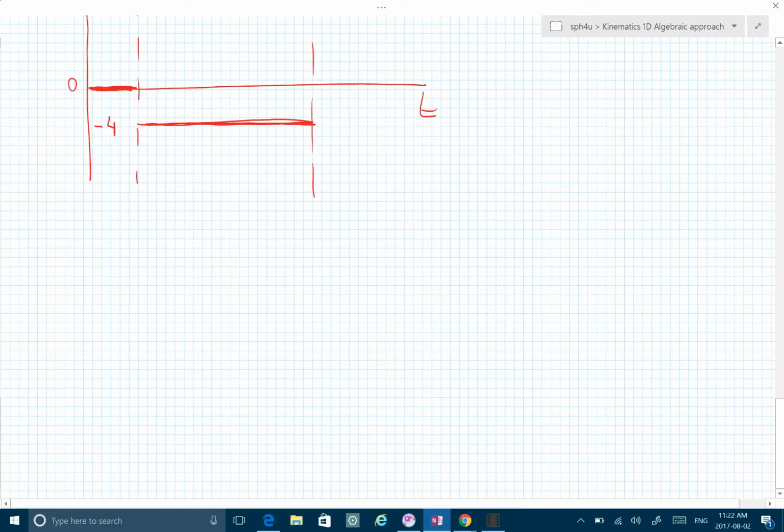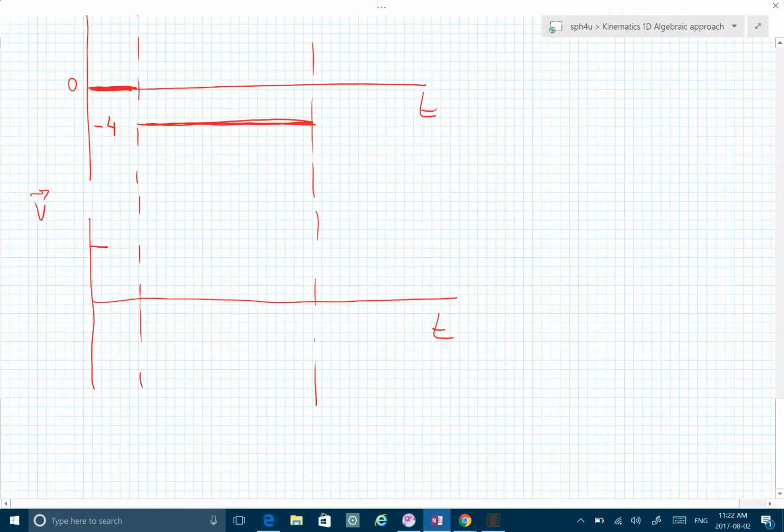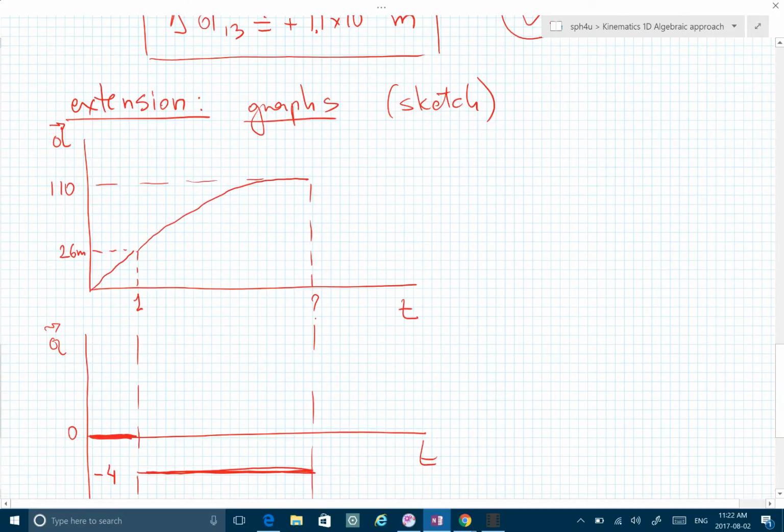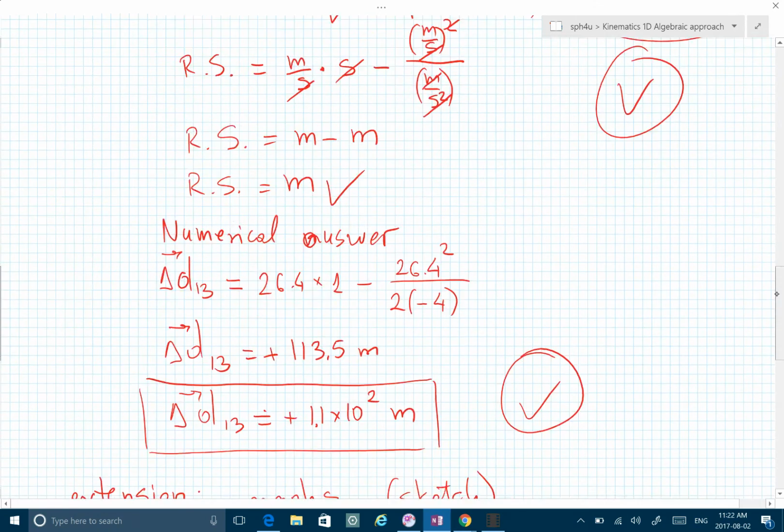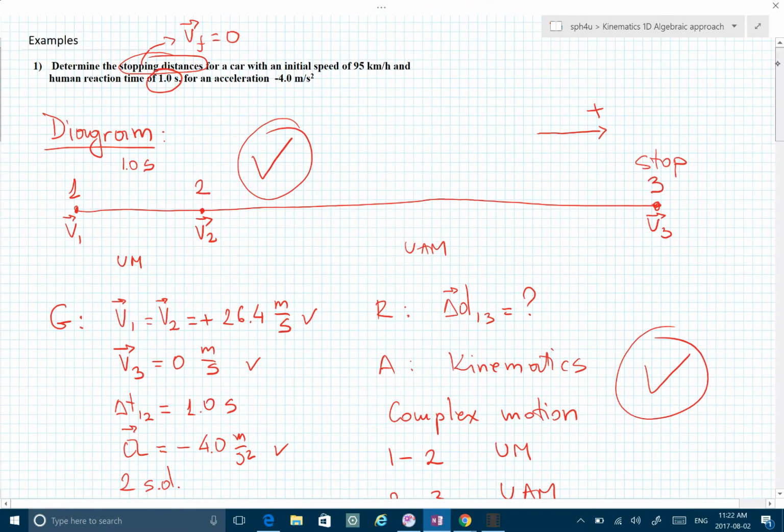And then the velocity time graph, on the first 1 second, the velocity is 26.4 meters per second, and then it slows down to a full stop, right? So there you go. Very quickly, we're able to sketch the graphs and give a beautiful solution in a decent amount of time.